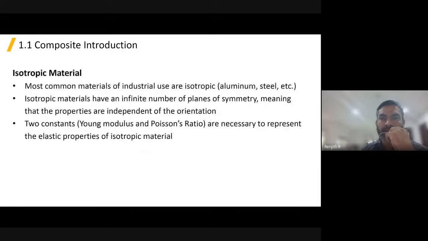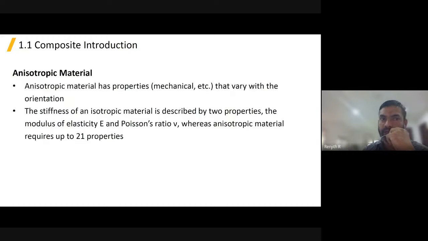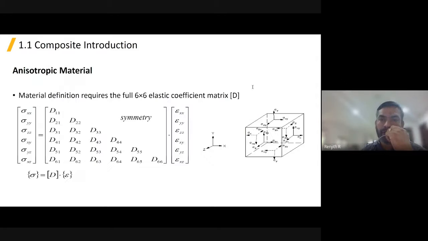And as I already explained, an isotropic material has properties that do not vary with orientation, so we leave that approach when we introduce composite material. A composite is purely an anisotropic material, but for the sake of easier analysis, we consider it an orthotropic material.